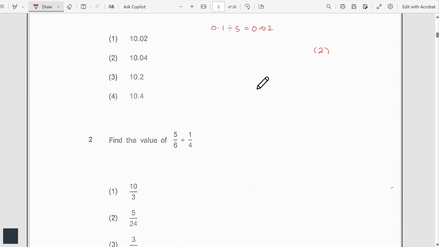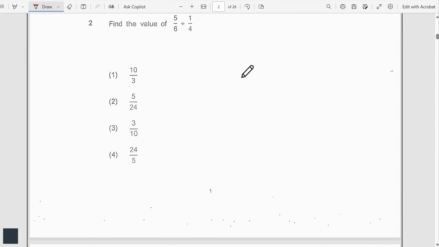Question 2. Find the value of 5/6 divide by a quarter. So we are supposed to apply keep change flip. Which means that you are keeping the first fraction, 5/6, changing the sign and then flipping the fraction behind, becomes 4/1 instead of 1/4.